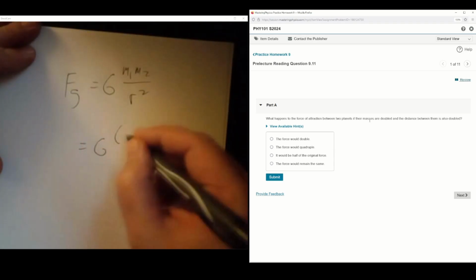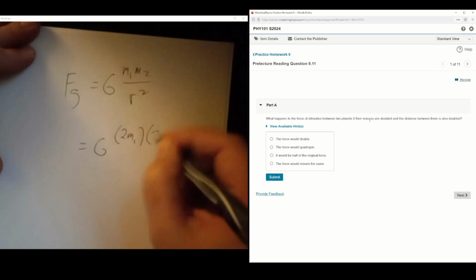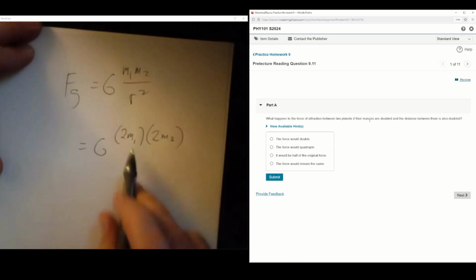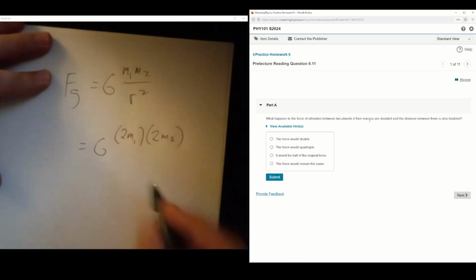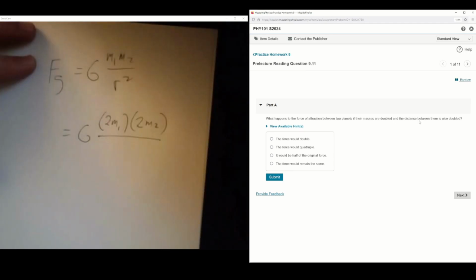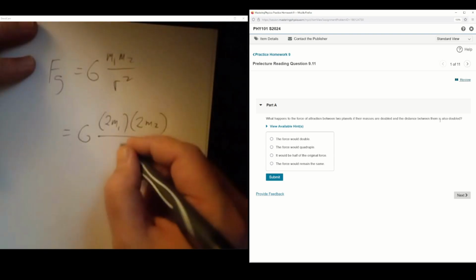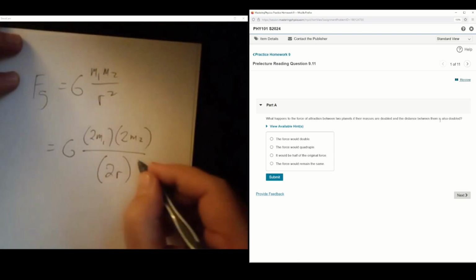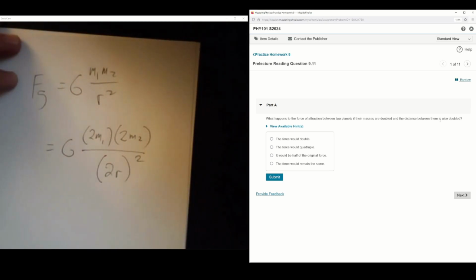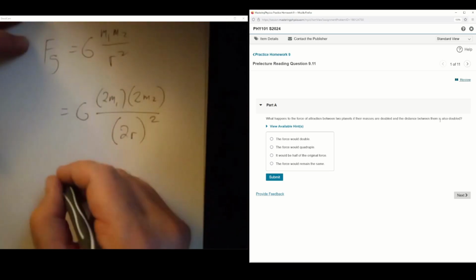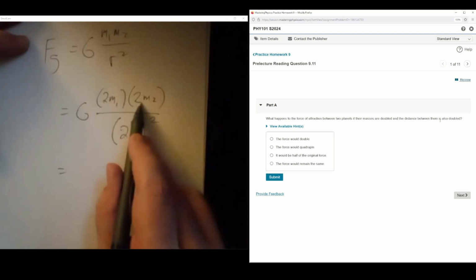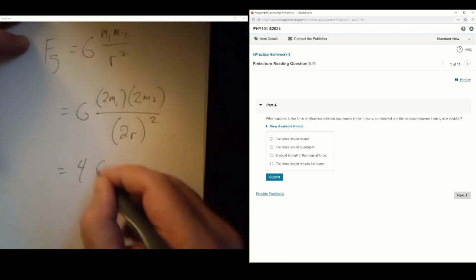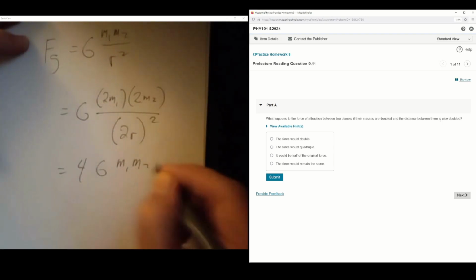Doubling the mass means we'll have 2 mass 1 and 2 mass 2 because we're multiplying these masses by 2. And then what are they saying about the distance? The distance between them is also doubled. So instead of r, we're going to double that, which means 2r. But remember, this distance is ultimately squared. So 2 times 2 is 4, and in the numerator we'll get a 4.